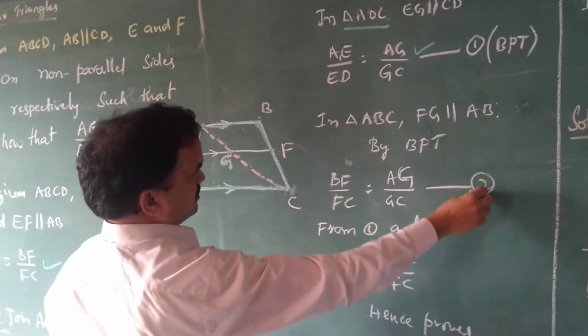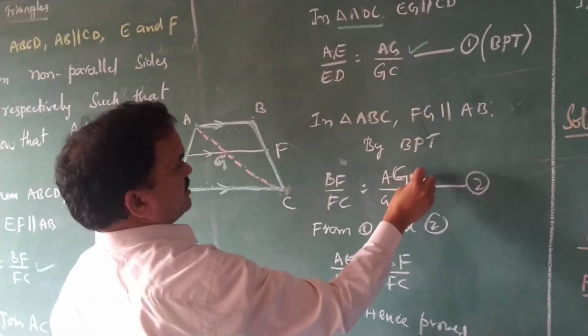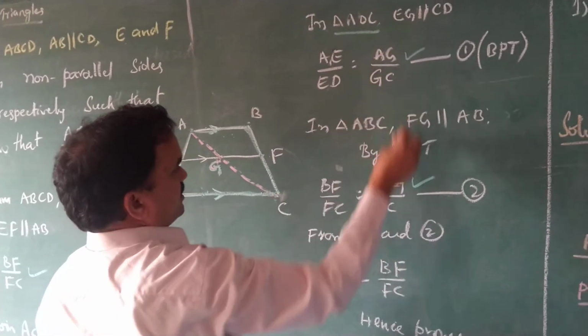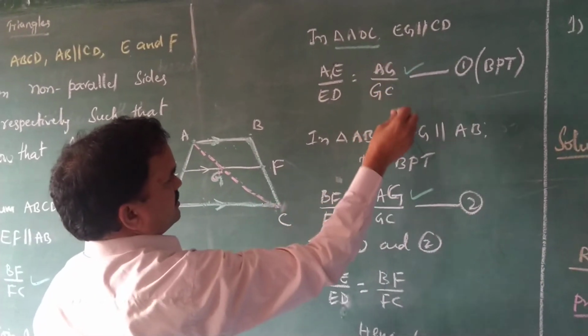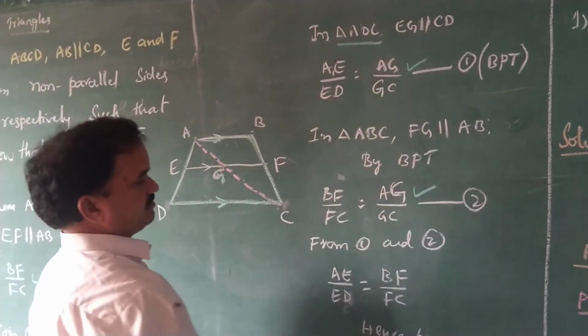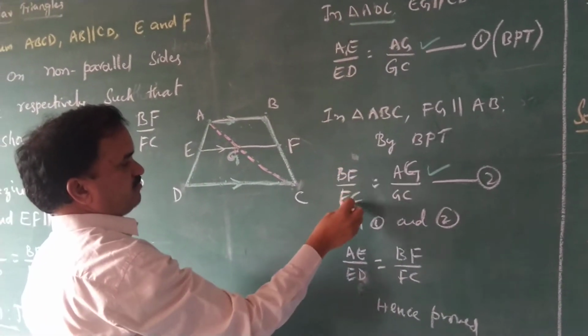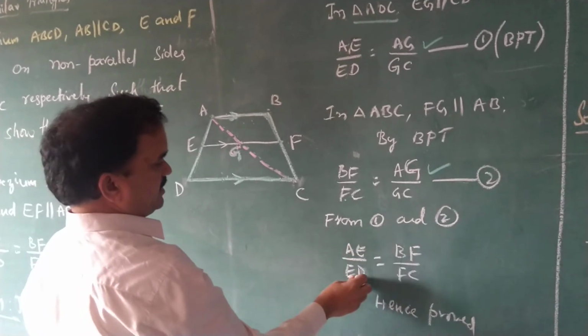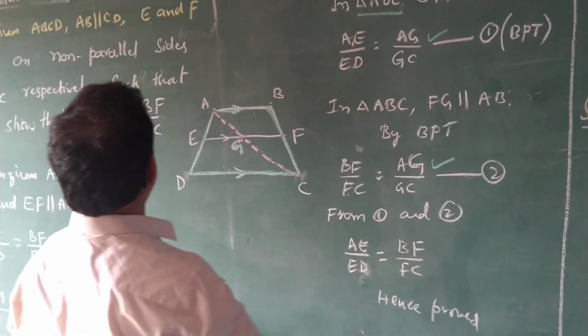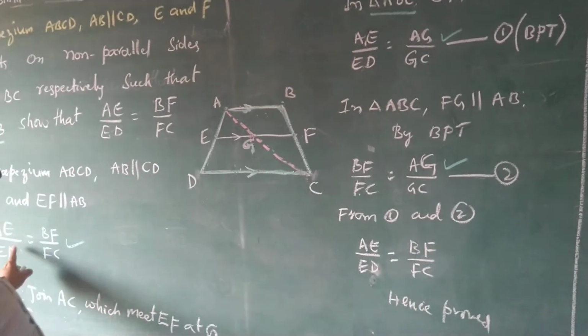This is the second equation. In equation 1 and equation 2, you observe the RHS are equal, AG by GC. So AE by ED is equal to BF by FC. Hence proved.